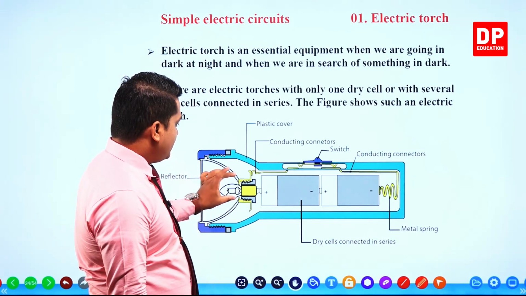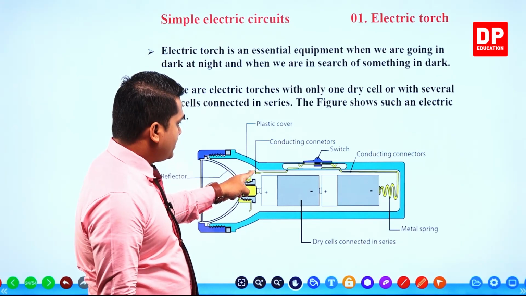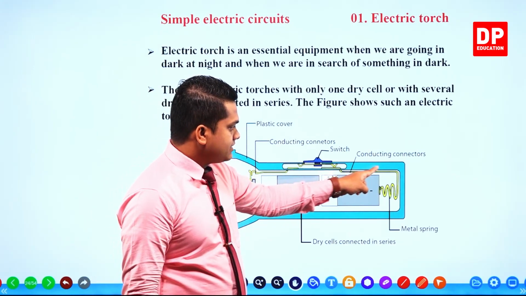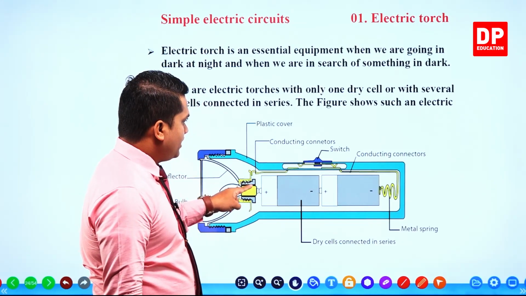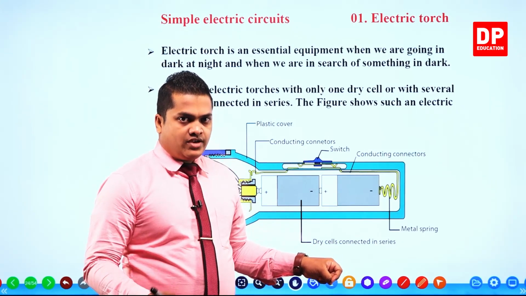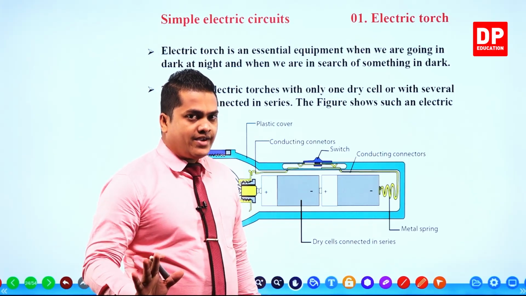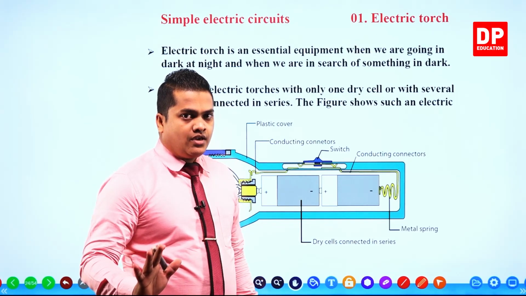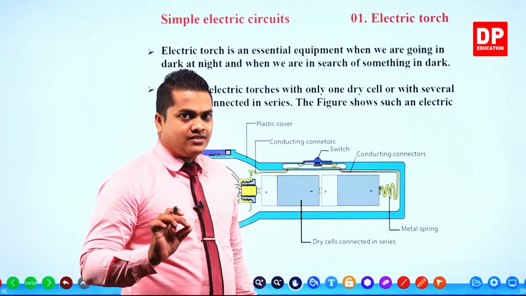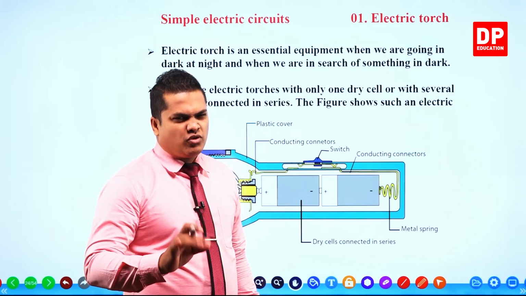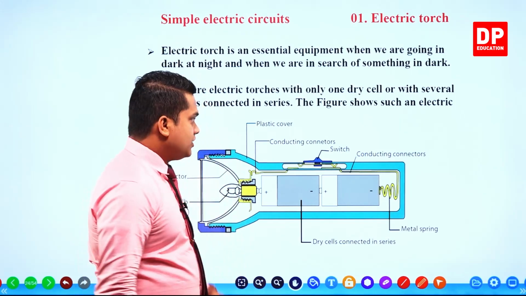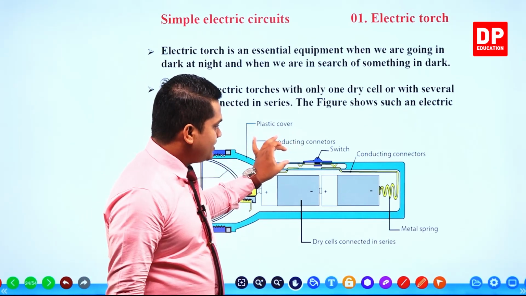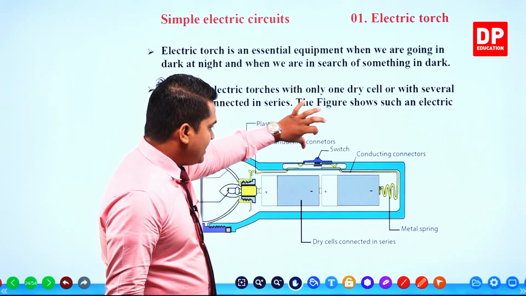Then after that, the holder is connected with connectors. These connectors can be wires, but most of the time we don't use wires. We use metallic plates, brass or copper. Most of the time we use copper plates. So these are conducting connectors, simply copper plates, and there is a switch.